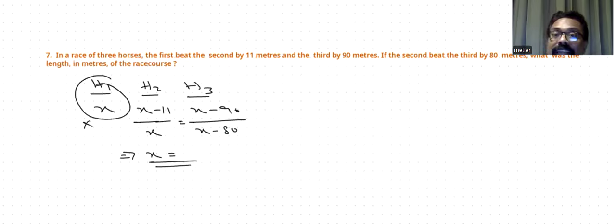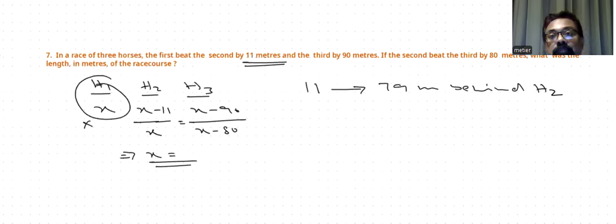Now, I am going with my technique. What is my technique? Check it. When the first horse reaches the finishing point, the second horse is 11 meters behind. At that particular moment, the third horse is 79 meters behind the second horse. We compare the relative position of the second and third horse. When the second horse is 11 meters behind the finishing point, the third horse is 79 meters behind the second horse.